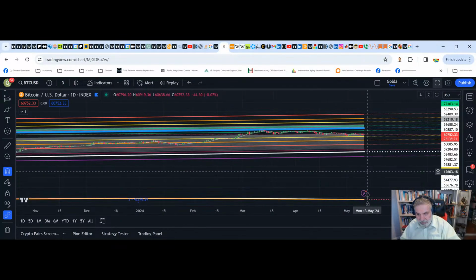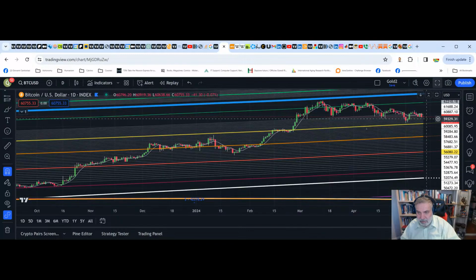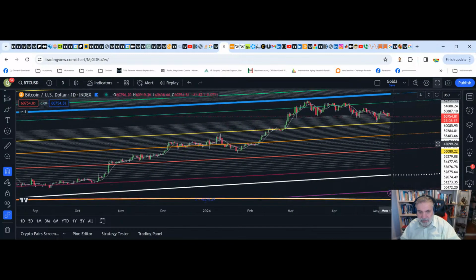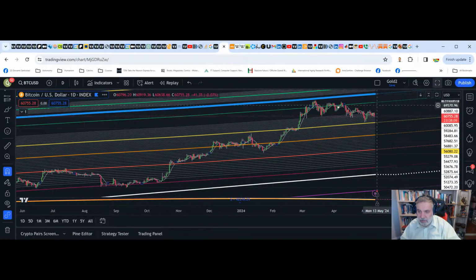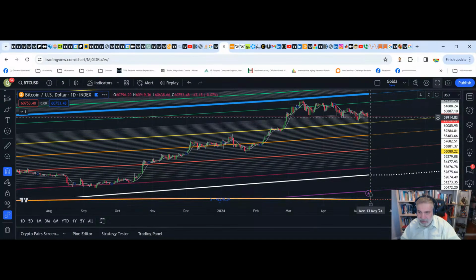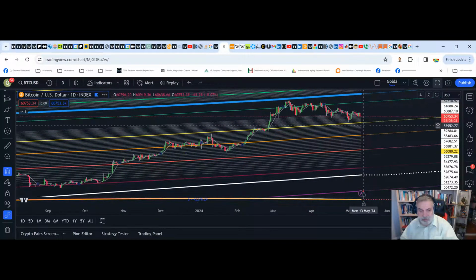Sorry for that, let me reset. Okay, you can see it better here. This was a support, and here it looks like a resistance, right? This blue line, the general trend, is a resistance. So this is the indicator that you get for $5.